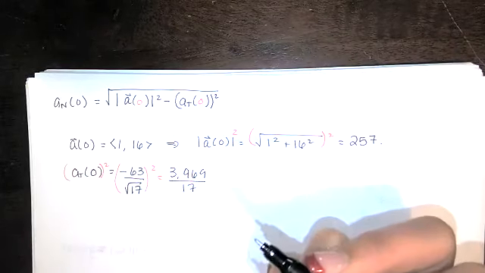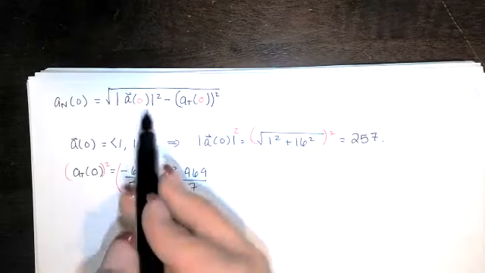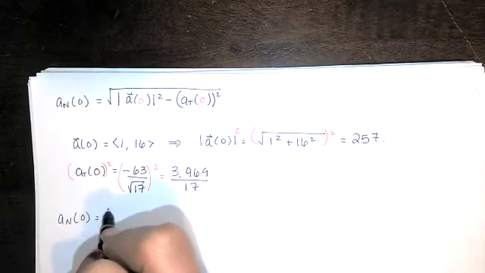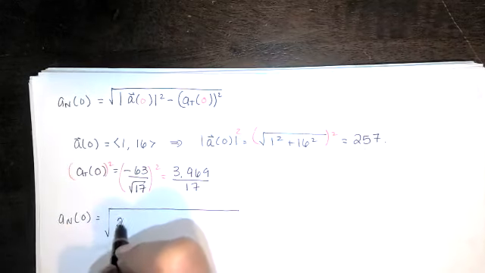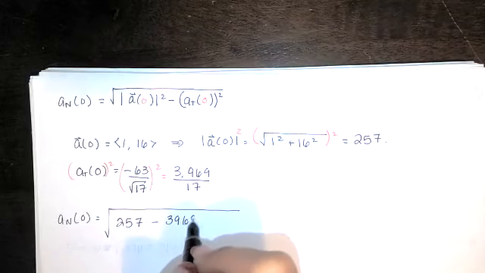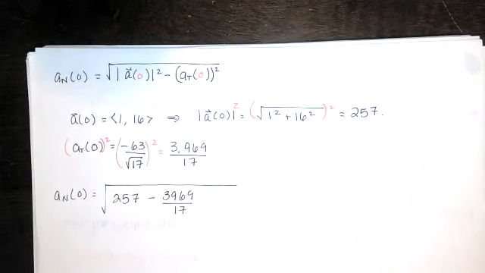And in the denominator, we've got a 17. So we'll just substitute these two values into that formula there. 257 minus this. And then we'll take the square root.